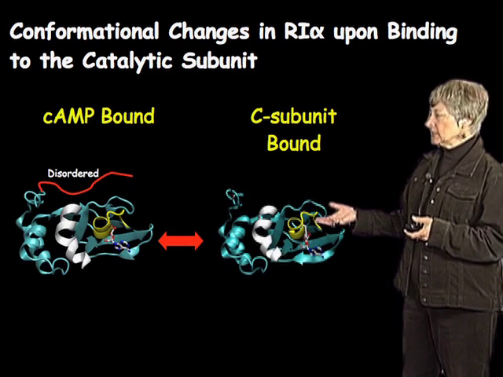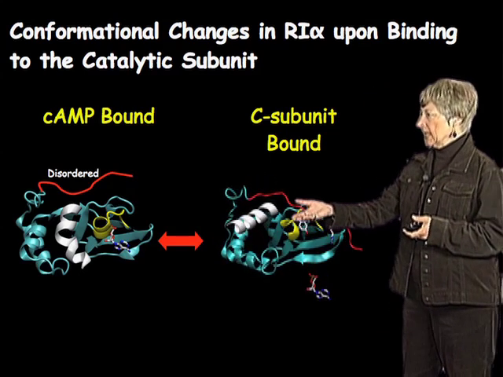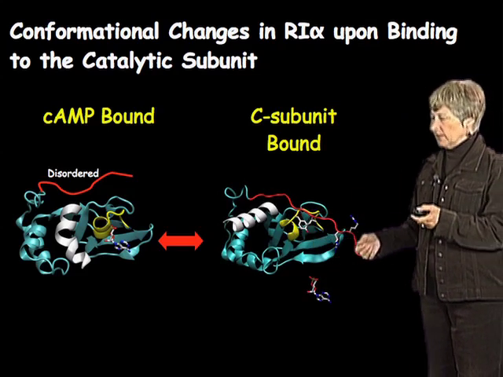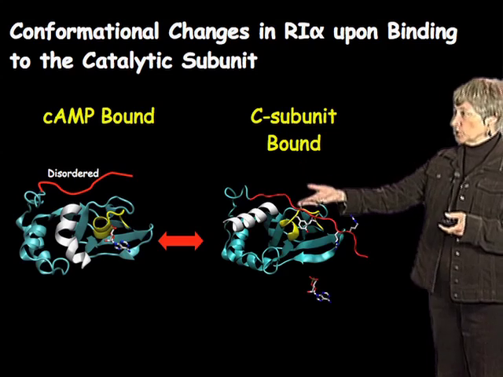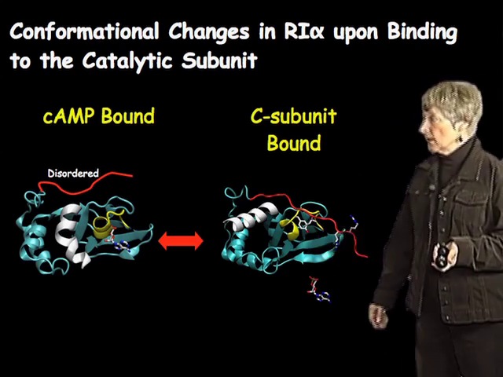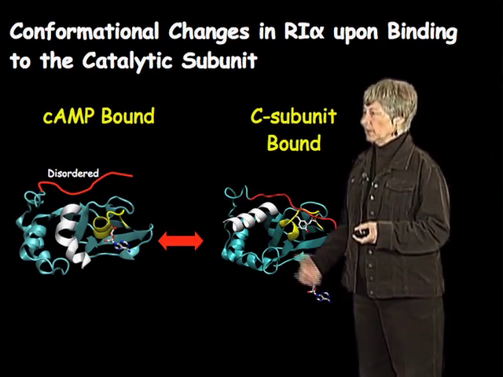You can see a major conformational change, the helical subdomain changes, and this inhibitor peptide becomes ordered at the active site cleft. In the earlier structure, that inhibitor region was there, but it was always disordered. I told you that linker is very disordered when it's a free regulatory subunit.